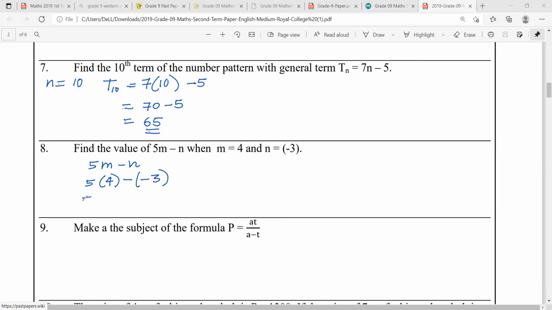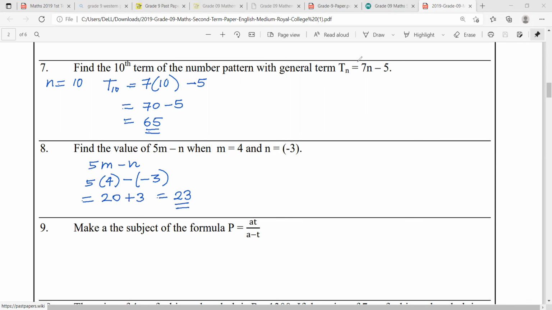Then this is 5 into 4, that is 20. You know, minus into minus is going to be plus, then plus 3, which is equal to 23, and you get this answer.